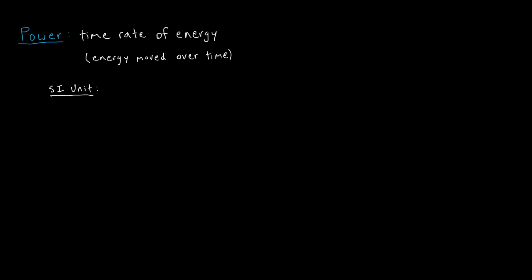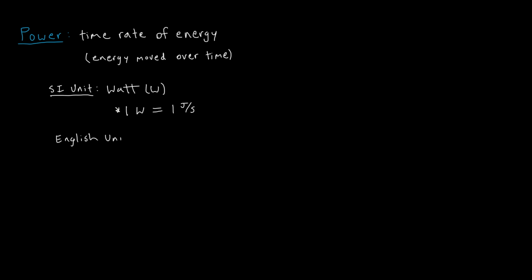Now, in addition to work, of course, we have power, which is basically the time rate of energy, which basically means how much energy is delivered over time. And the standard SI unit for power is, of course, the watt. 1 watt is equivalent to 1 joule per second.